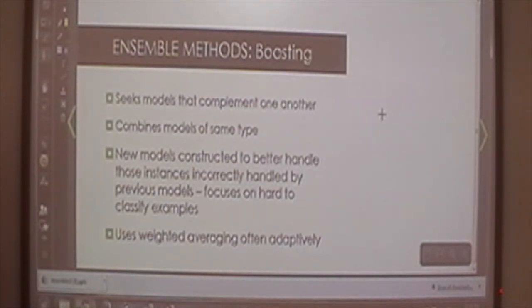And as you start constructing your new models to fill in your weaknesses, you're going to adjust those weights, adapt those weights, so they're not fixed. So you use like a slider bar or something. Right.